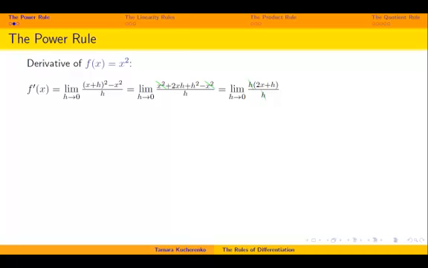Since we do not have h in the denominator anymore, we can substitute 0 for h. What remains is 2x. Therefore, the derivative of x squared is 2x.